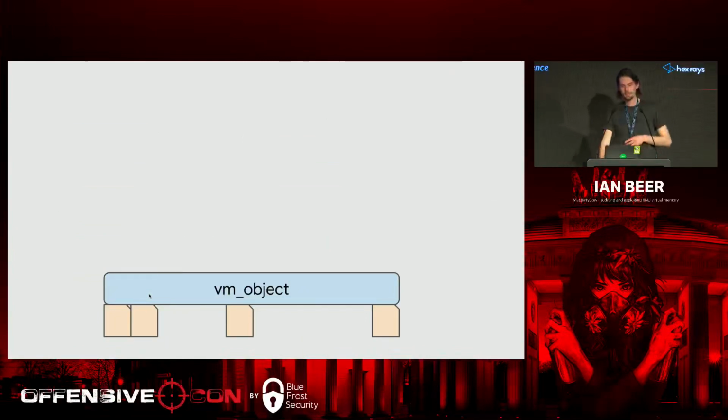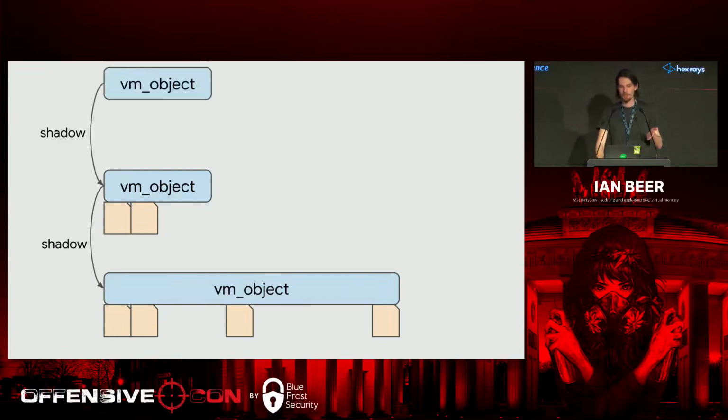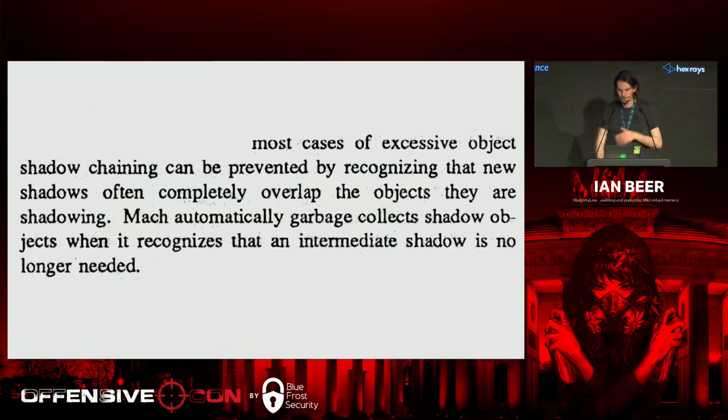And so you can see that we can start to create actually arbitrarily complicated chains of objects which shadow other objects, which shadow other objects. In some cases, we might modify the pages and create copies. In fact, we might sometimes have VM objects where we've caused a write fault on every single page, and we have now completely covered the underlying shadow object. And actually, this is not just a chain, these can be arbitrarily complicated tree structures of shadowing VM objects.